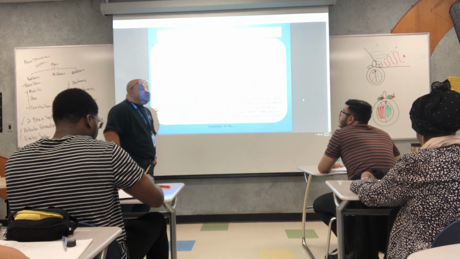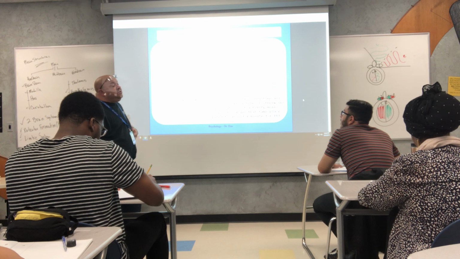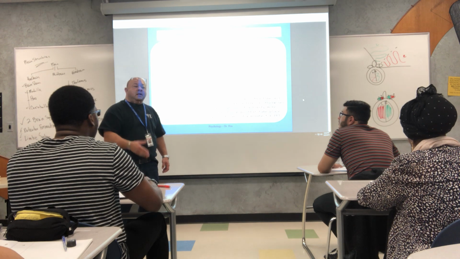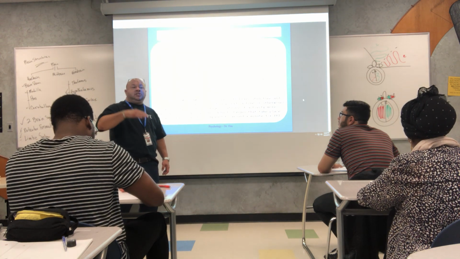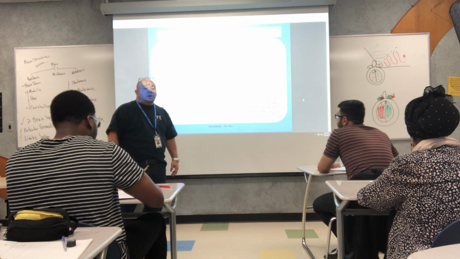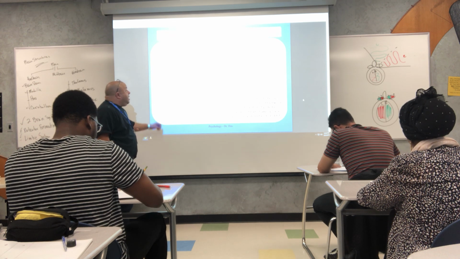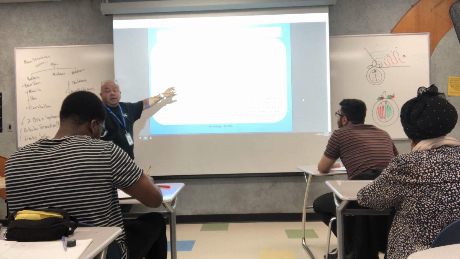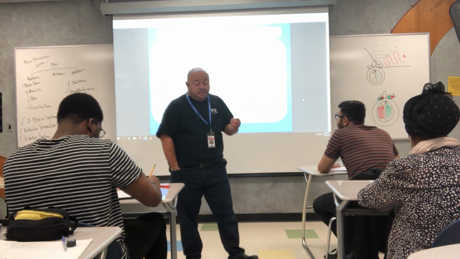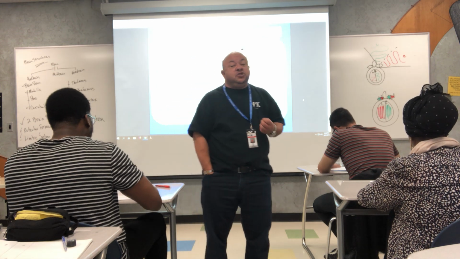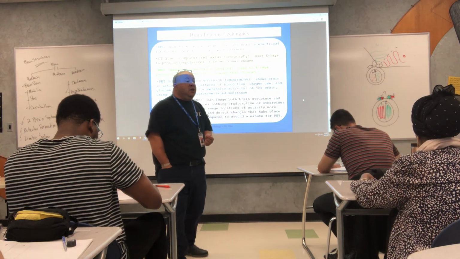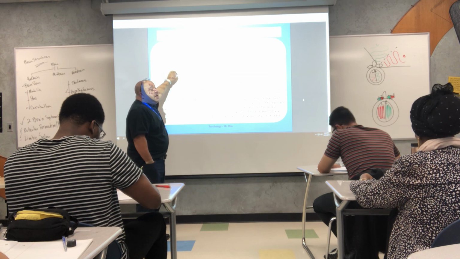A CT scan is also called a CAT scan, and this uses X-rays to take cross-sectional images of the brain. It takes the images in cross-section from the top like this, or across like that. It looks at what's going on. But MRI is a test that uses magnets to look at the structures of the brain, and it gives much higher resolution pictures than the CT scan.